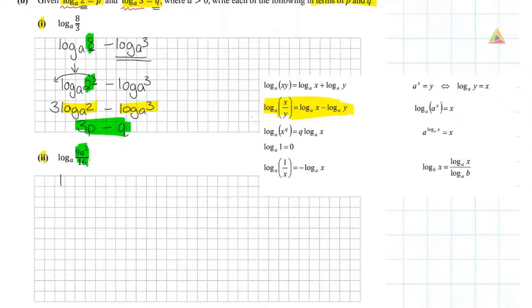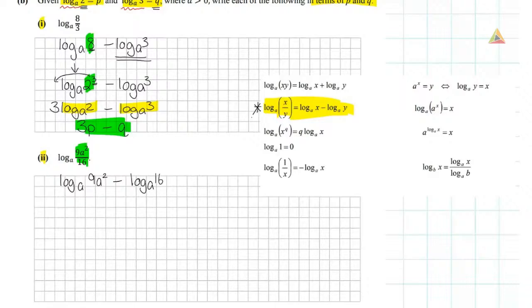So we're getting log base a of 9a squared minus log base a of 16. I've used law number 2 to change my fraction 9a squared over 16 into 2 logs subtracted from each other.